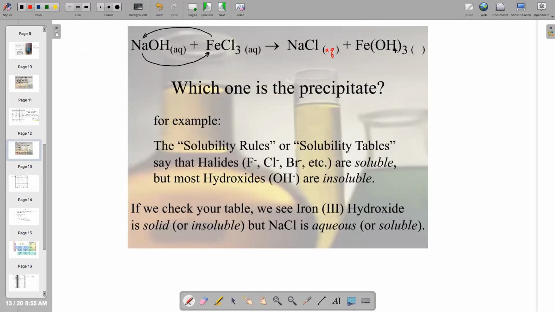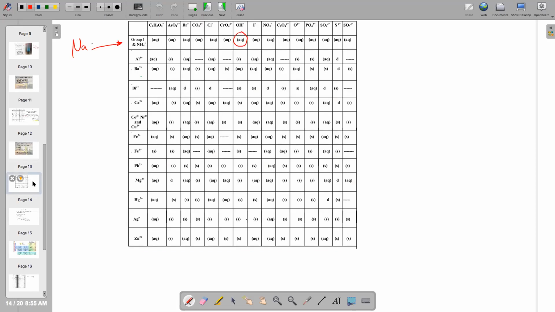But then iron hydroxide, and this must be iron 3, and you know that because hydroxide is OH minus, and it must be iron 3 because there are 3 hydroxides. So for iron 3 hydroxide, that says S. S stands for solid, not soluble. So iron 3 hydroxide is a solid.